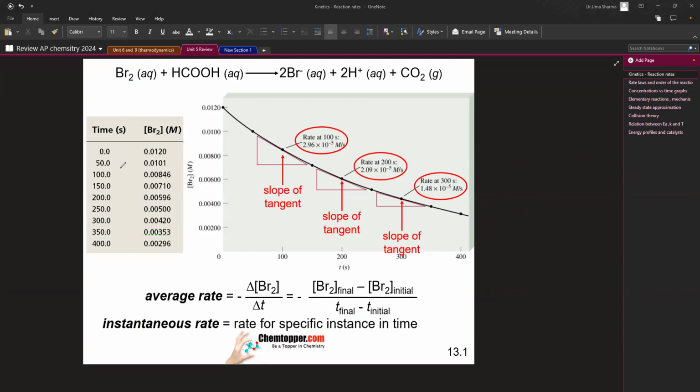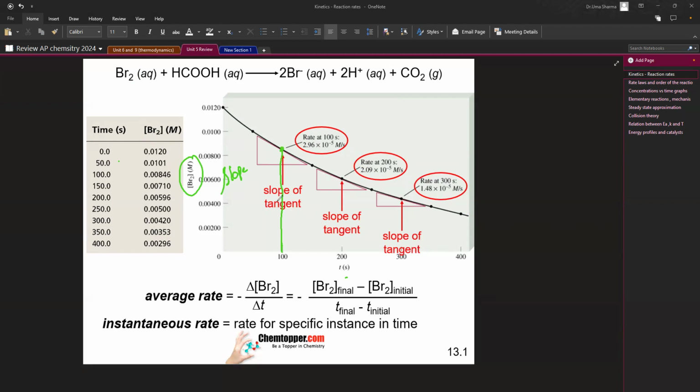This is one way. Second, how to calculate the instantaneous rate, which is more accurate. You draw the graph of concentration versus time, and for example, you want to calculate at 100 seconds. So drop a perpendicular like this here. Draw a tangent, get the slope of this tangent, and that will be the rate. No one is going to ask you to draw this in the examination.